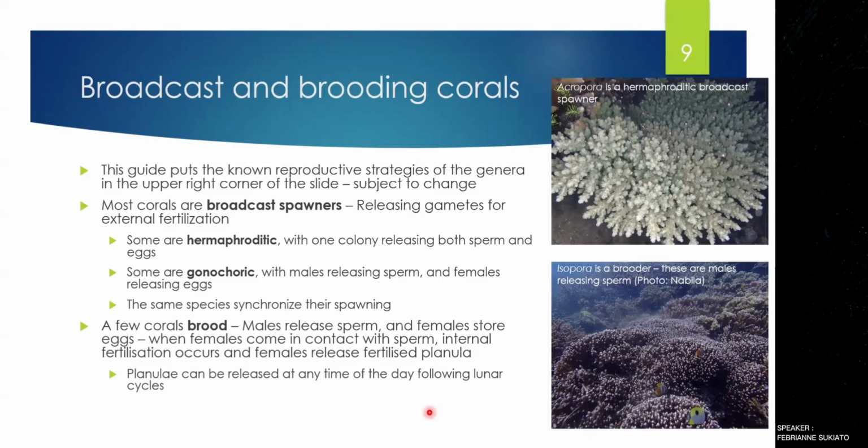So for this guide, I've put up the known reproductive strategies for the genera that I described. As I said, this is known. It could also be completely different, or some of them just have question marks because no one has ever observed it. Coral spawning is difficult to observe if you don't know when it's going to happen.